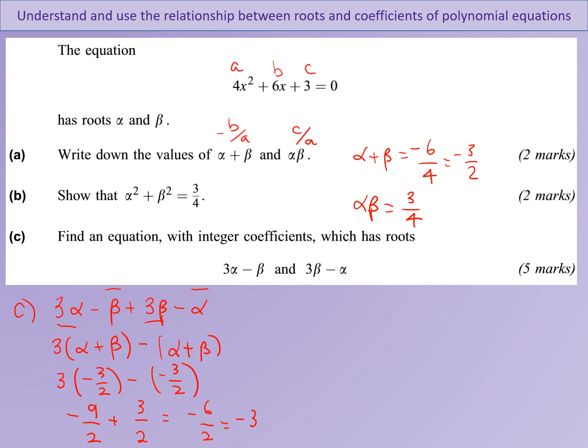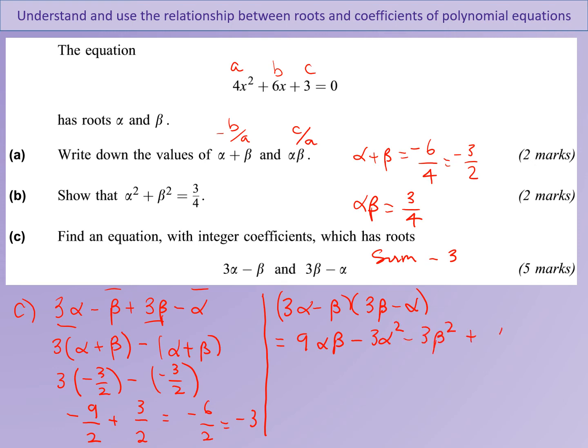And the product of the roots, so we'll pop the sum is minus 3. And the product, if we multiply these out, that gives us 9 alpha beta minus 3 alpha squared minus 3 beta squared plus alpha beta.